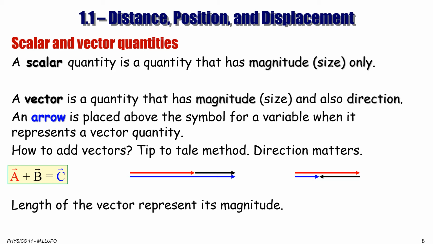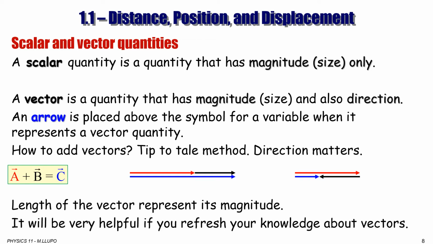In this case, vector B and minus B are drawn in black on the first diagram and minus B on the second diagram. So direction does matter, and it produces a different result as different directions are applied.